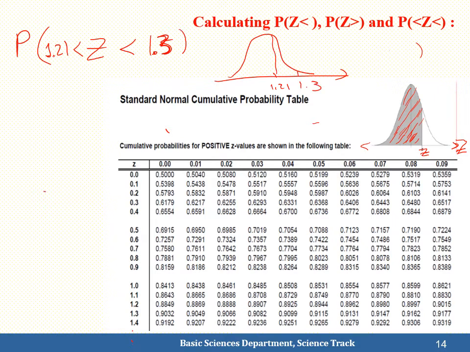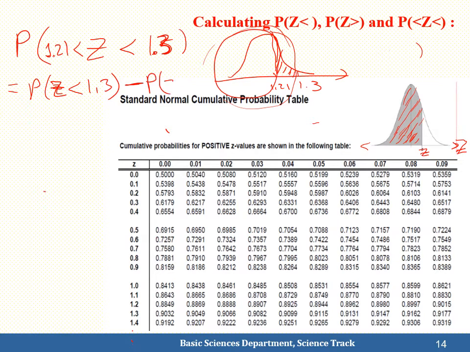So it's asking for this part only. So what can you do here? You find the area corresponding to the probability that z is less than 1.3 minus this area, the probability that z is less than 1.21. So you can write it this way.